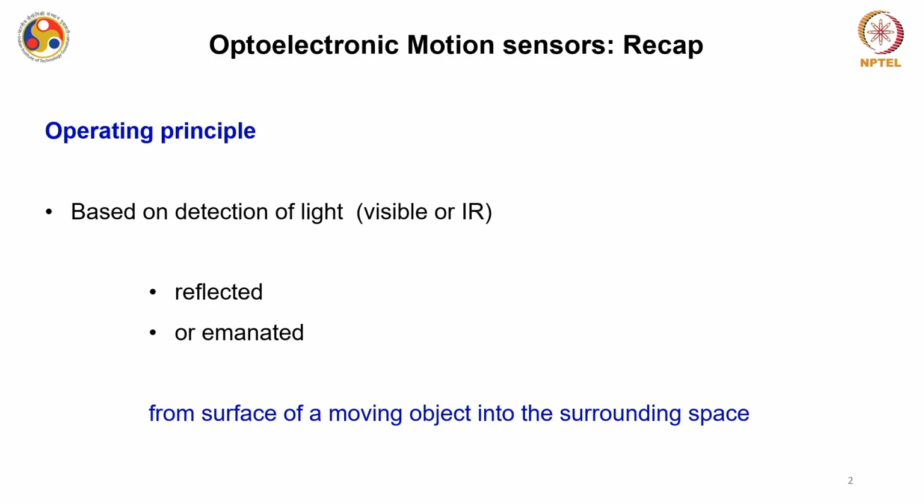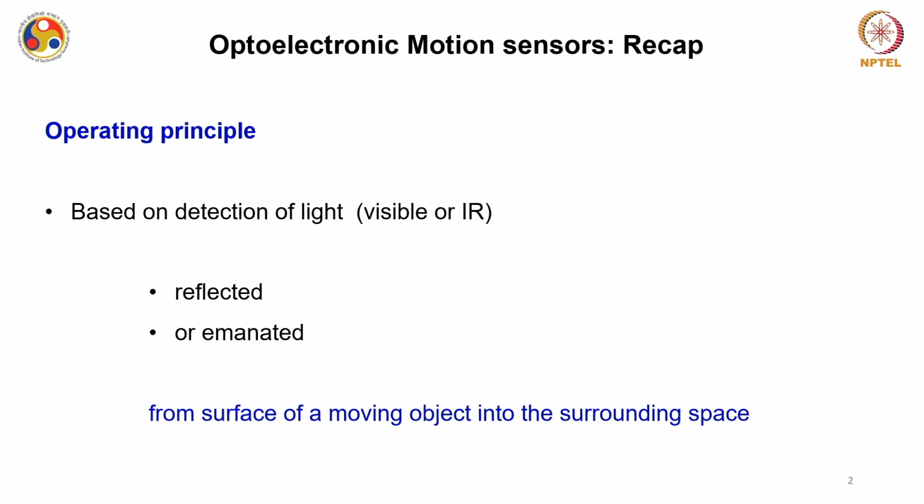If you remember, in the previous class we were discussing the optical or optoelectronic motion sensors, and we discussed that these optoelectronic motion sensors are based on detection of light, mostly in the visual or IR range.